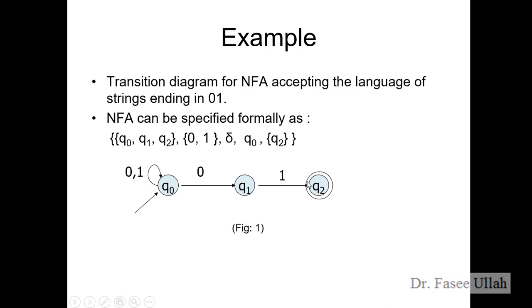We know this is the initial state and this is the final state. We have the condition ending with 0, 1, so we have 0 and 1. The start could be 0 or 1, or a combination of these two. That's why we put a loop on Q0 as well.